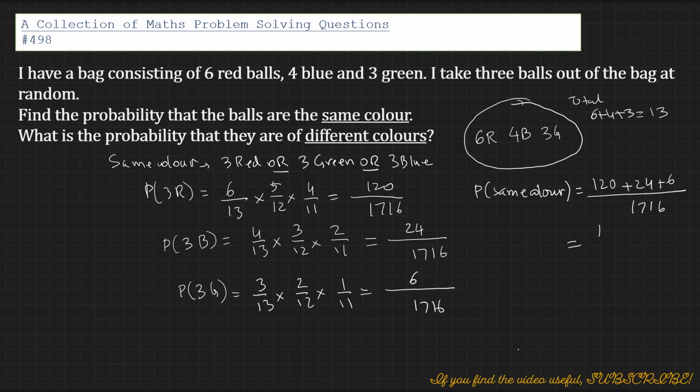150 out of 1716. If I simplify this, I could divide by 3, so 3 times 50 and 3 times 572, and that equals 2 times 25. 2 times 2 is 4, 2 times 286 is 572.